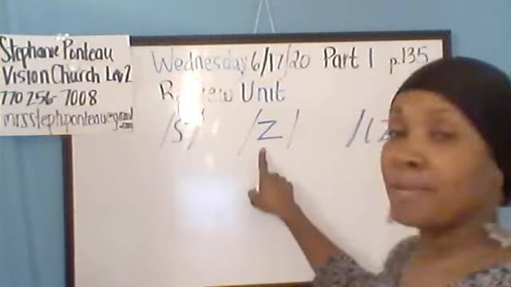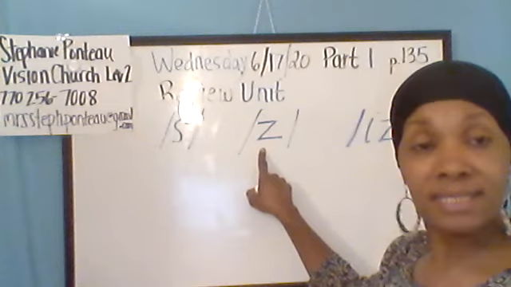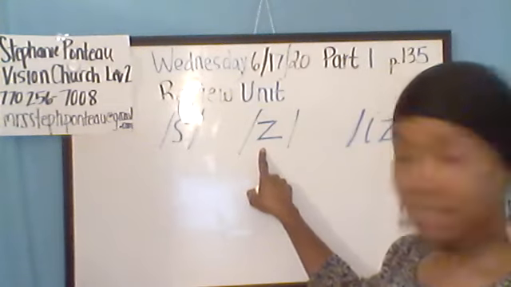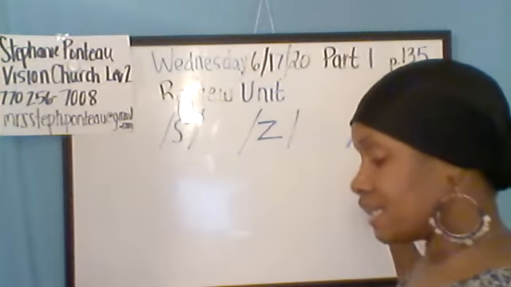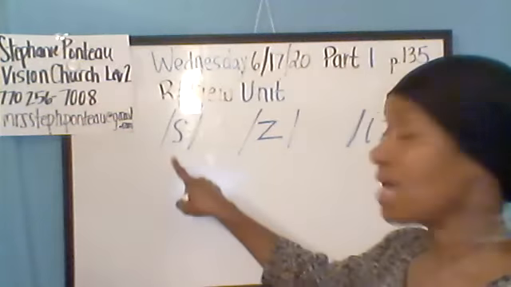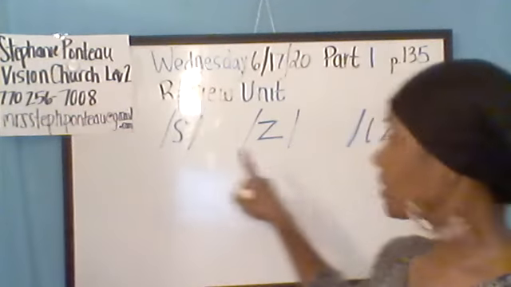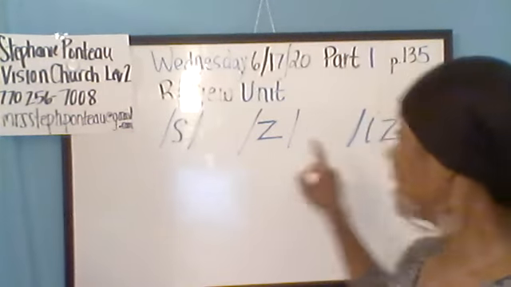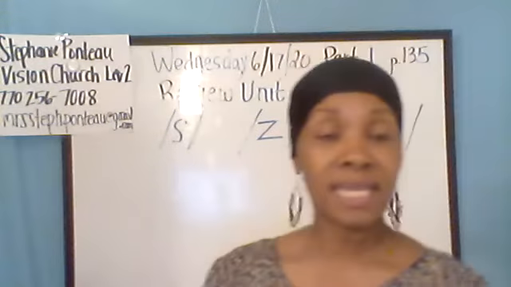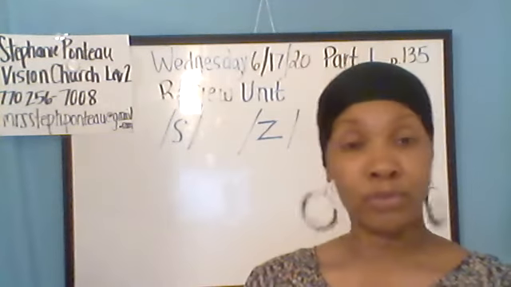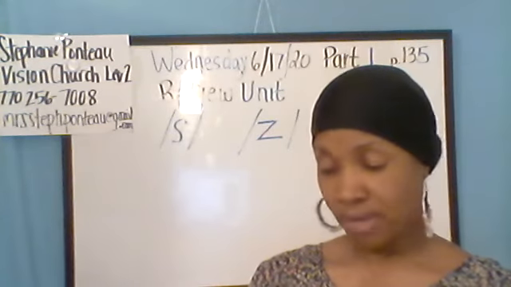This here is like zzz, a sustained Z sound. And then this is like "iz". You hear the difference? S, Z, iz. Okay, so those are the 3 ending sounds that we're going to review in this lesson today, okay?